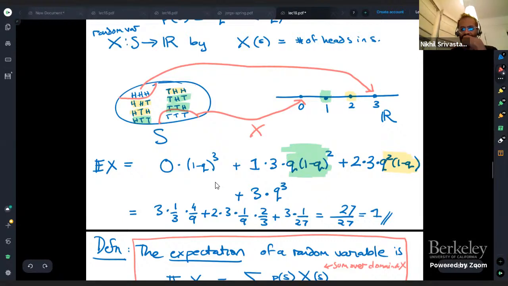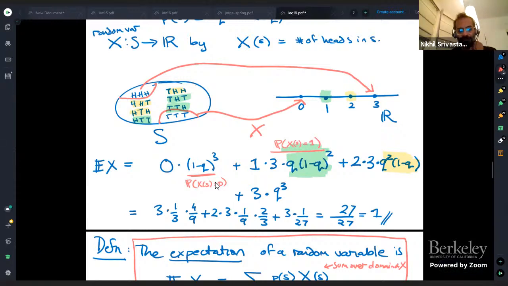Like what's really going on here is, this number is the probability that X of S is equal to 0. This number here, this whole thing, including the 3, is the probability that X of S is equal to 1.